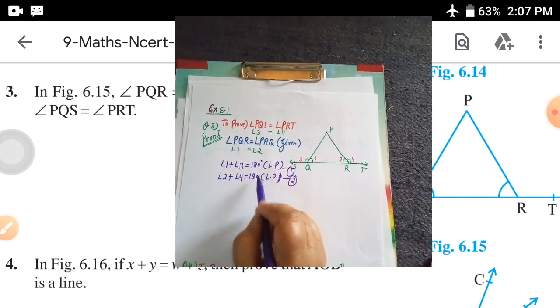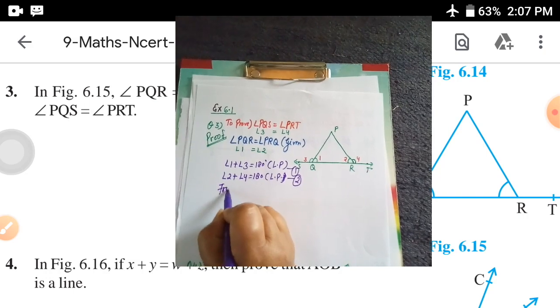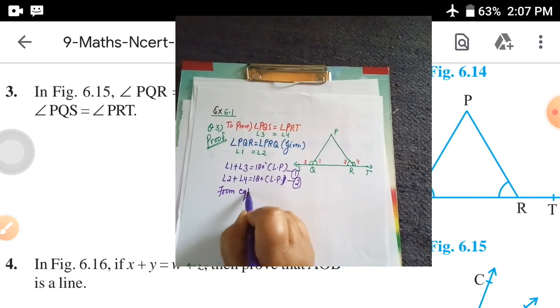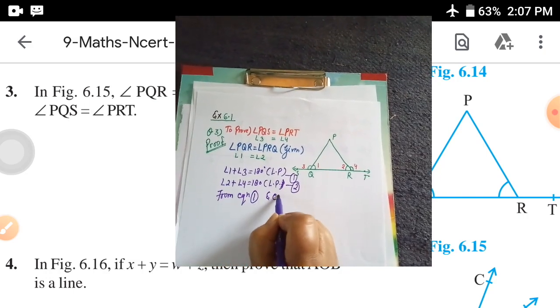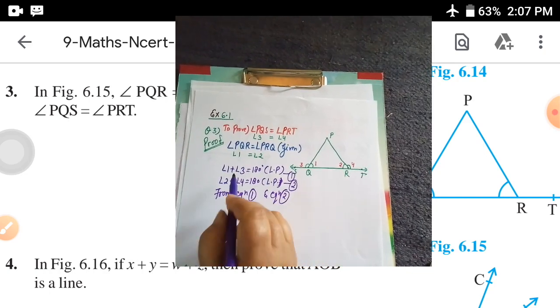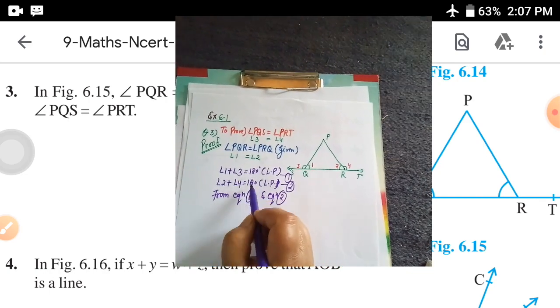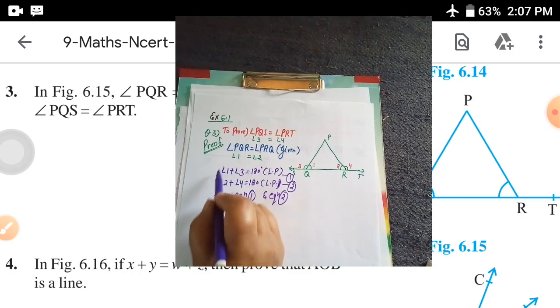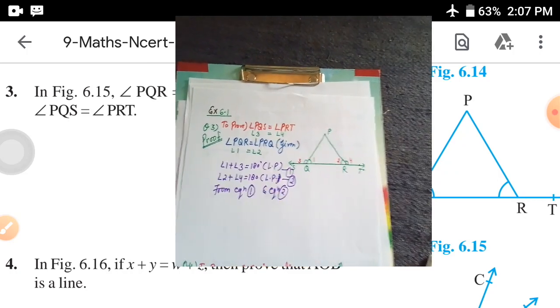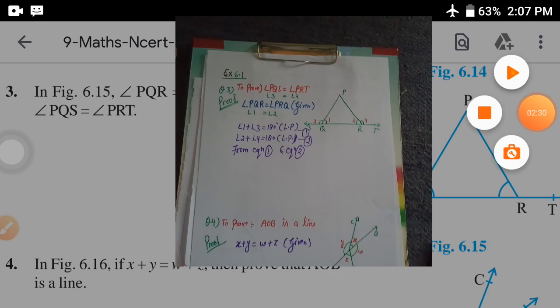Now from equation 1 and equation 2, you will see that the right hand sides are equal, because 180 degrees and 180 degrees, hence the left hand sides will also be equal to each other.